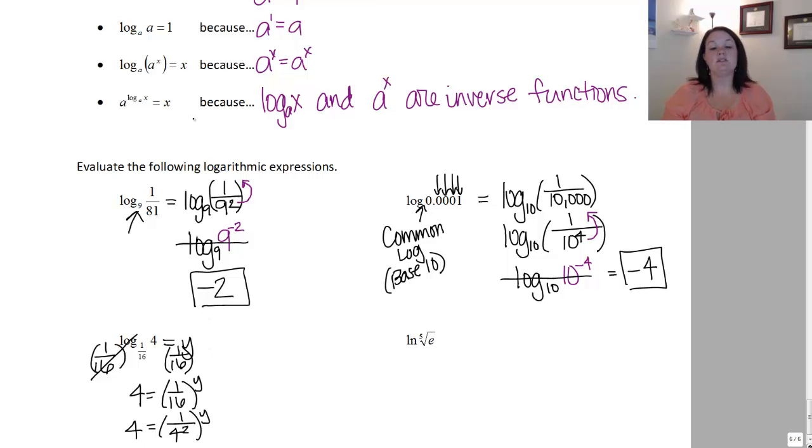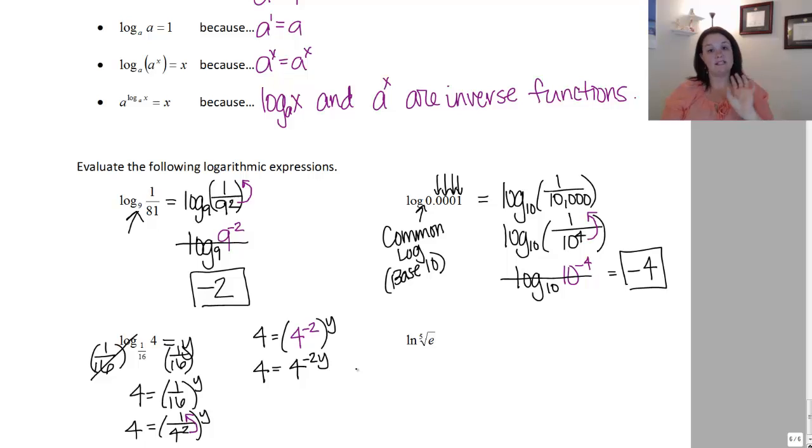Okay. And then using the same idea I did before, I'm going to move my 4 to the top. When I move my 4 to the top, it becomes 4 to the negative 2. So now I have 4 is equal to 4 to the negative 2 raised to the y power. Now, anytime I have a power raised to another power, I multiply those exponents. So this tells me 4 is equal to 4 to the negative 2y.